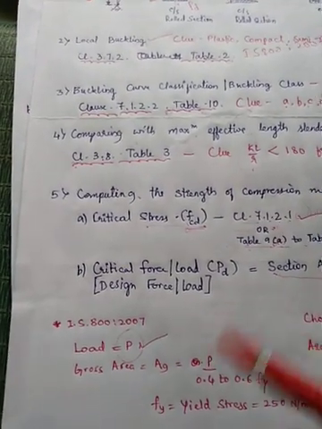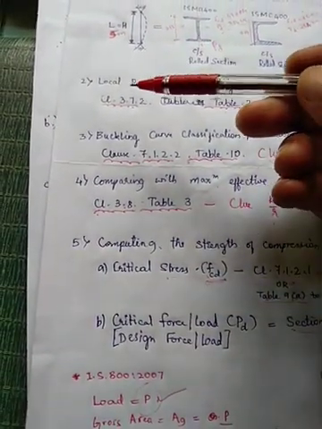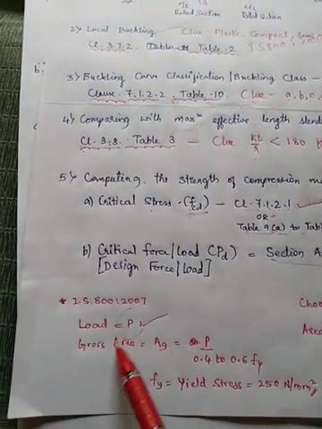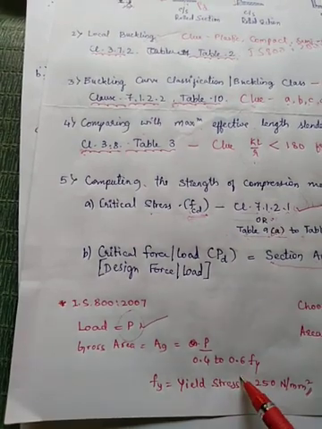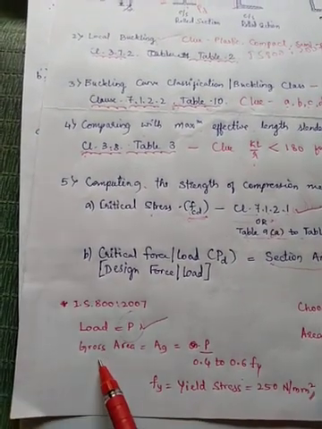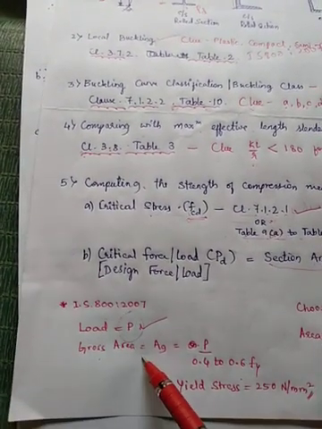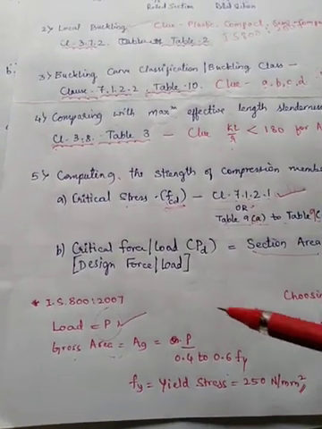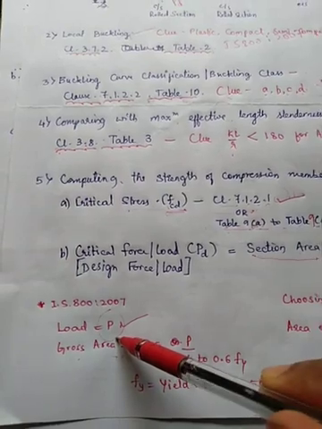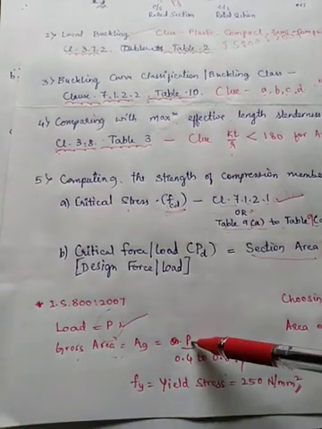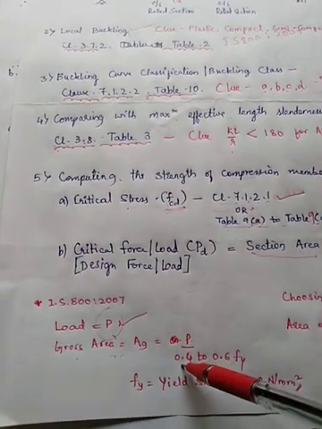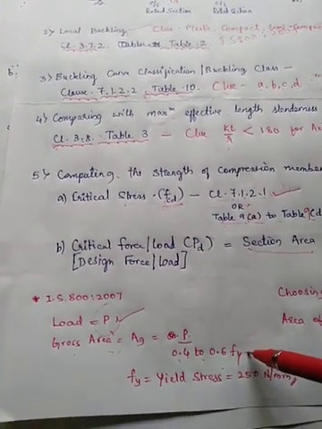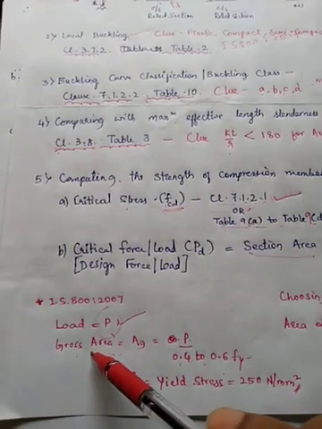Earlier to step number 2, one step I add here is to get the gross area. This gross area is calculated using the axial load. The axial load divided by 0.4 to 0.6 times fy, the yield stress, gives me the gross area.